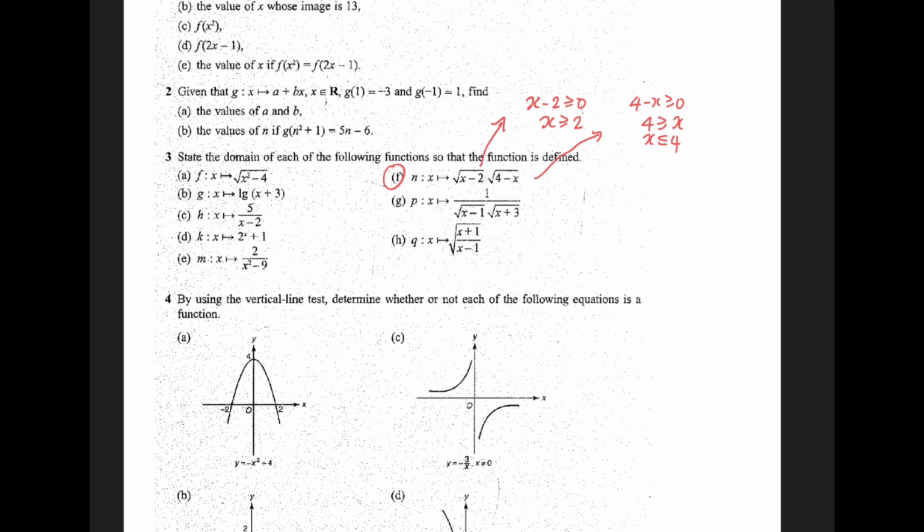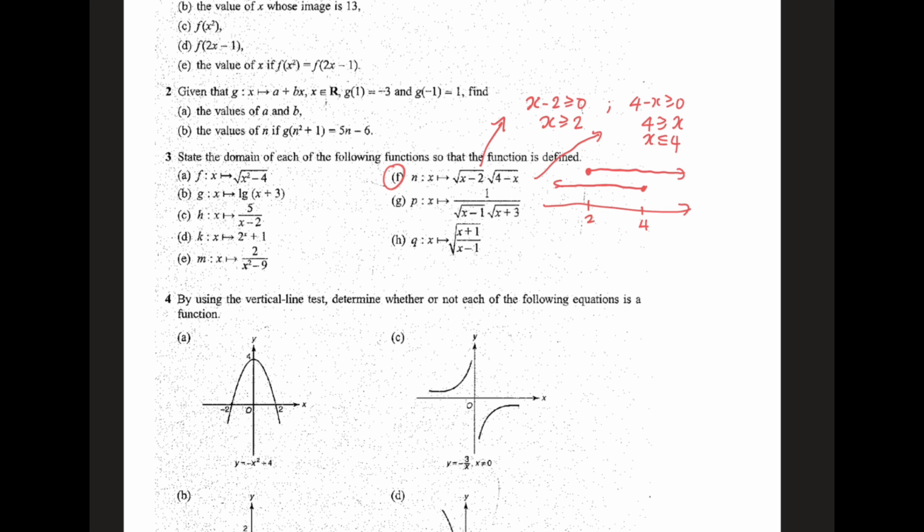Okay, so if you have two inequalities here, then you have to find out the common region of these two inequalities. Imagine that the first inequality says x is more than or equal to 2, which goes all the way to the right. The second inequality says x less than or equal to 4, which goes all the way to the left.